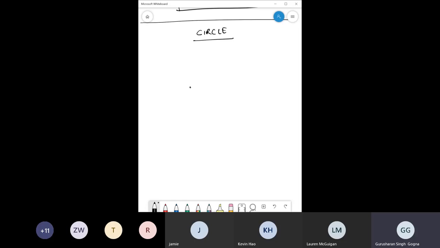Circle means if you have a point here, which is, let's say, fixed, and there is a movable point P with coordinates x comma y, because the coordinates will change. And if this movable point moves around a fixed point, keeping the same distance from this point, you will see a circle.